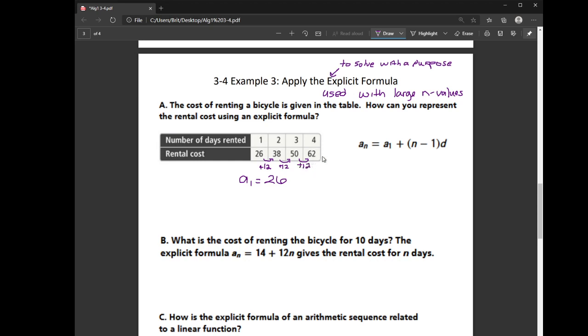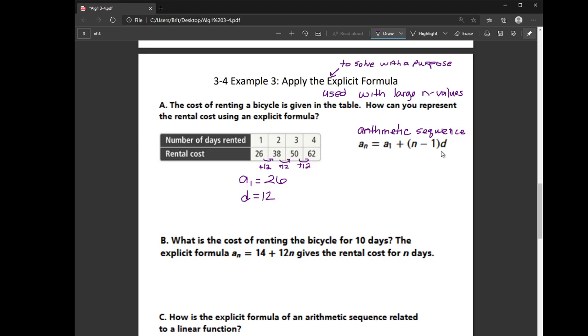Alright, so recognize that this formula only works with arithmetic sequences. That means it only works if that common difference is an addition or subtraction by the same value. So my D value here is 12.